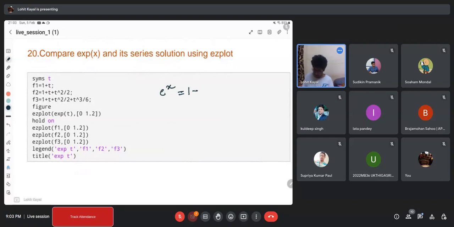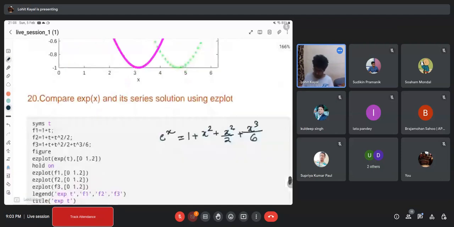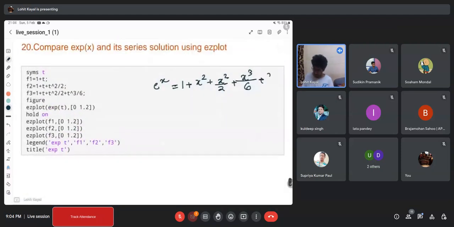That is 1 plus x plus x square by 2 plus x cube by factorial 3, that means 6, plus x to the power 4 by 24 plus dot dot dot. Sorry, it will be 1 plus x, not x square.